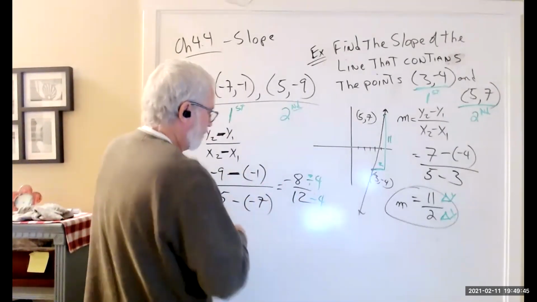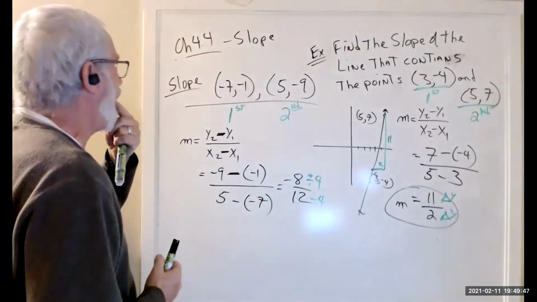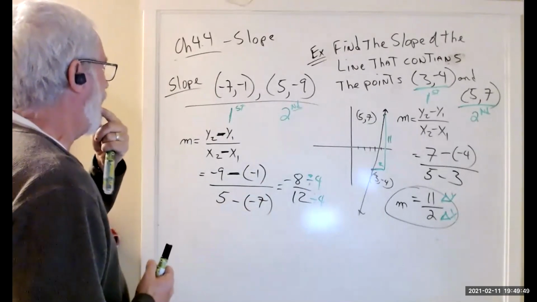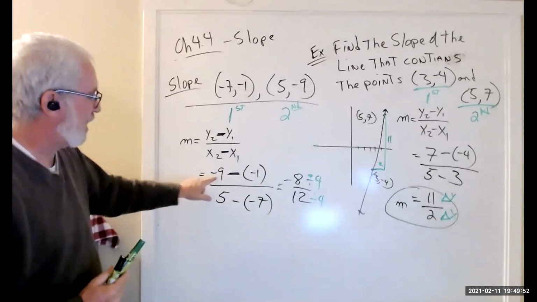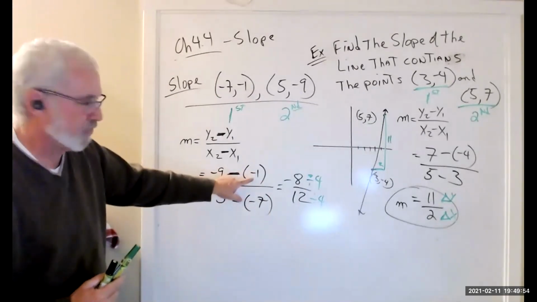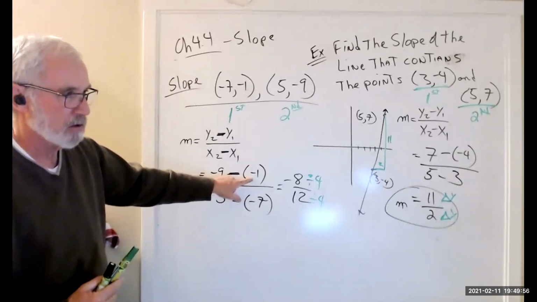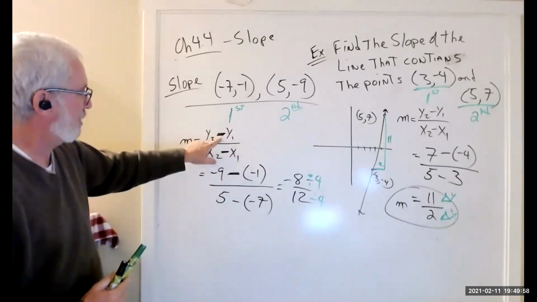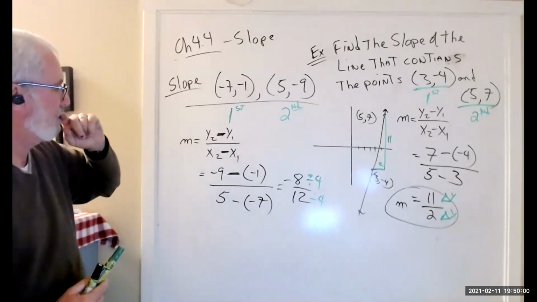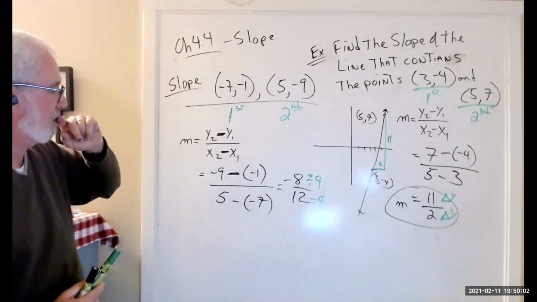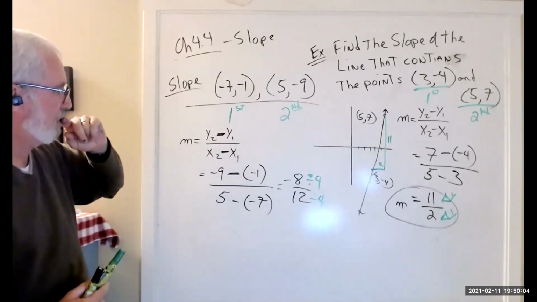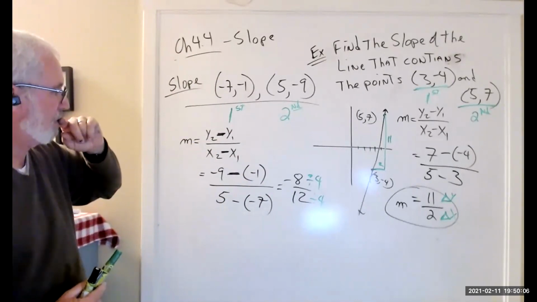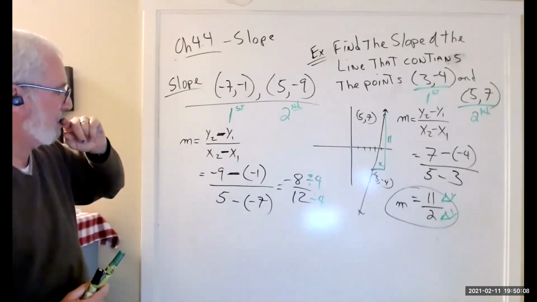Wait a minute. You said -9 and then a -1 makes a -8. Doesn't it make -10? No, it's -9 minus a -1. I guess I wrote the formula the other way. Like you said, you could put the numbers in any way, but I put -1 minus the -9 and then -7 minus 5.